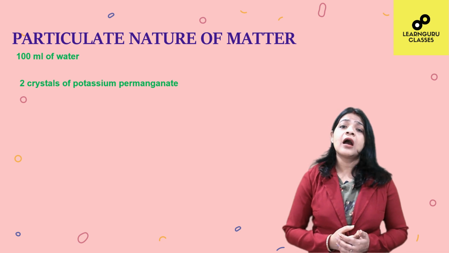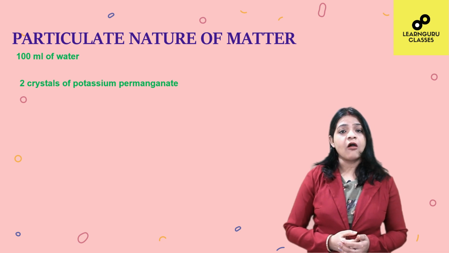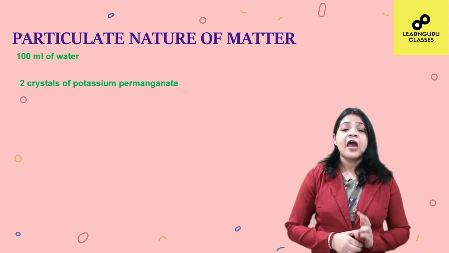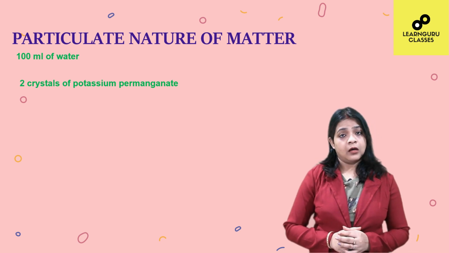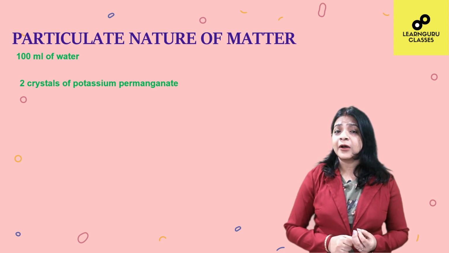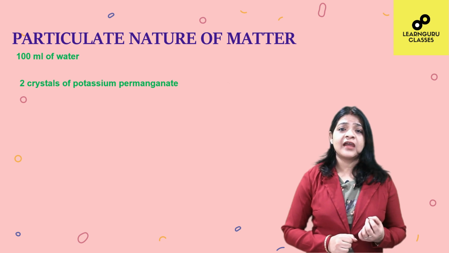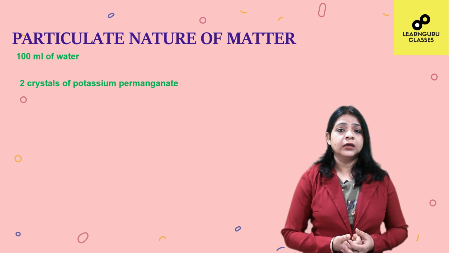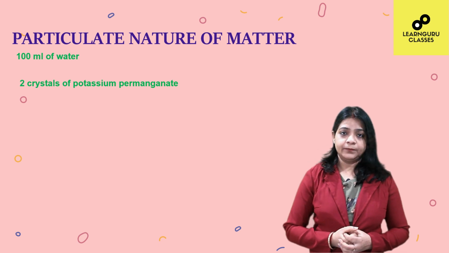It is basically a compound consisting of 1 atom of potassium, 1 atom of manganese and 4 atoms of oxygen. It is a purplish black crystalline solid which on adding to water turns water into pinkish color.